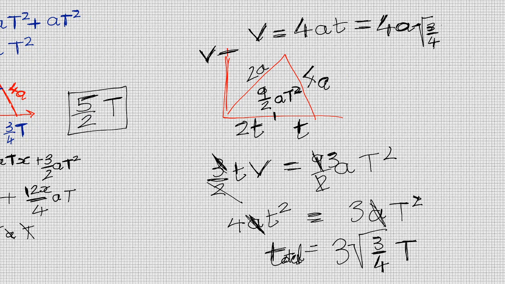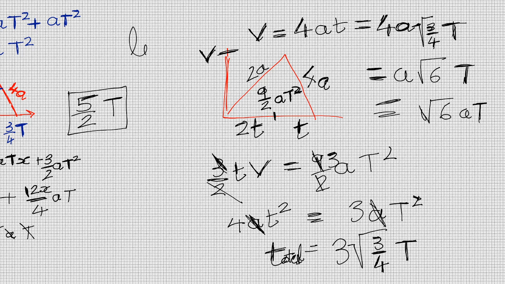Now I'm just making sure that the limit makes sense here up the top. Yeah, that would be root 6, a root 6t, which is root 6at. Now they said the speed limit was 5at.